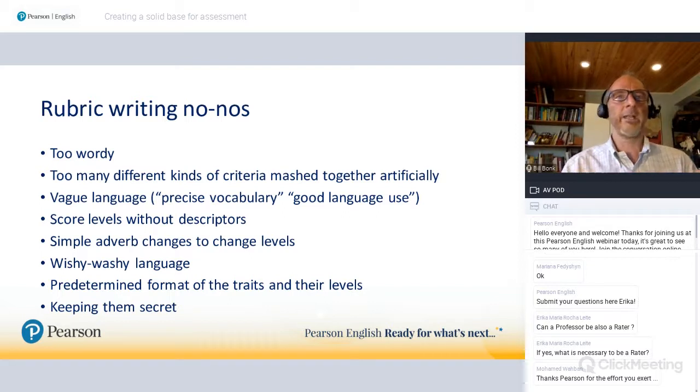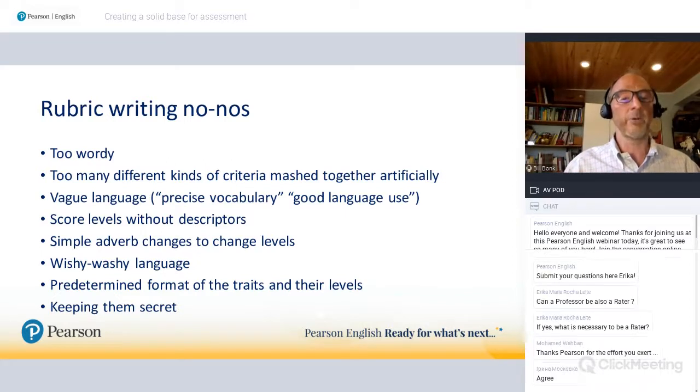So if you put in neatness, coherence, vocabulary, grammar, usage of idioms, usage of writing conventions, when you put all of these things together, it's very difficult to separate them out again, and it's very difficult for raters to use. So separating things out, even though it adds more rating occasions, might be a better solution in most cases.